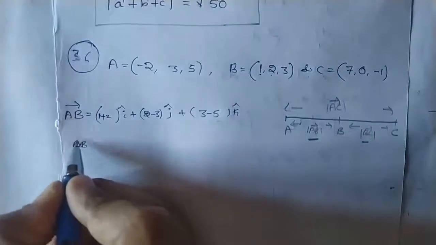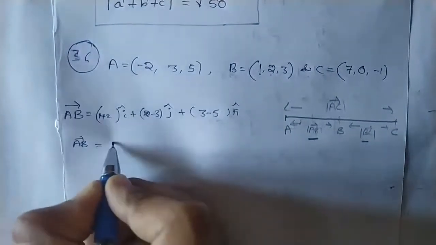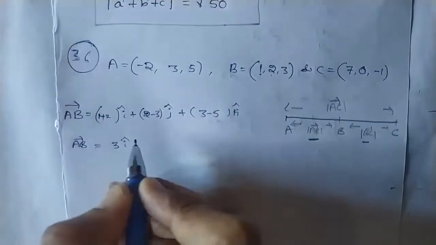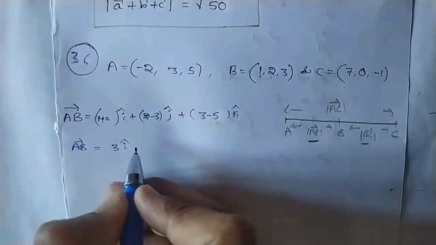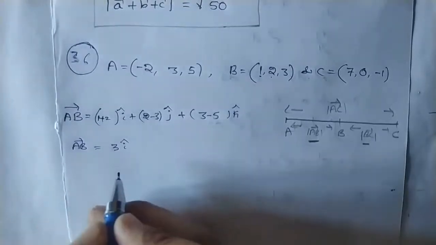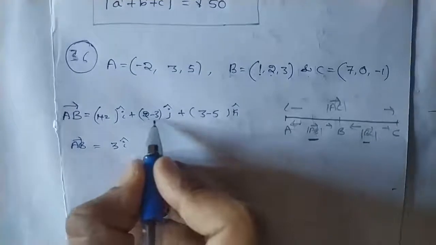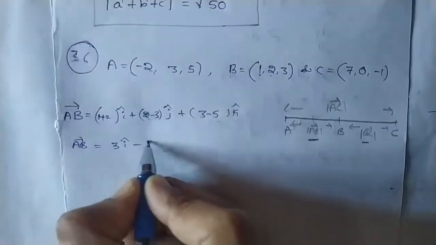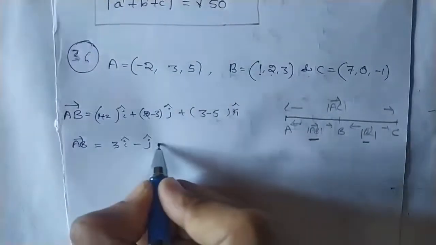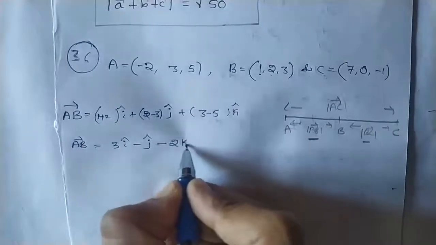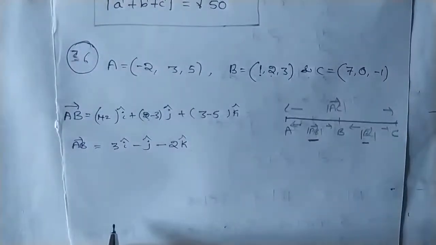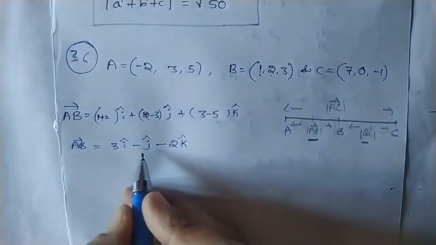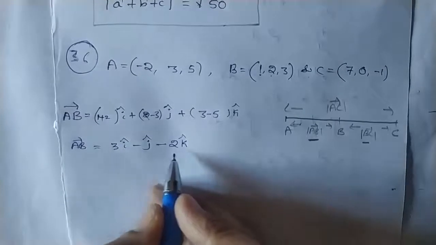So simplified, AB vector is equal to 1 plus 2 is 3i, 2 minus 3 is minus j, 3 minus 5 is minus 2k. So AB vector is 3i minus j minus 2k.